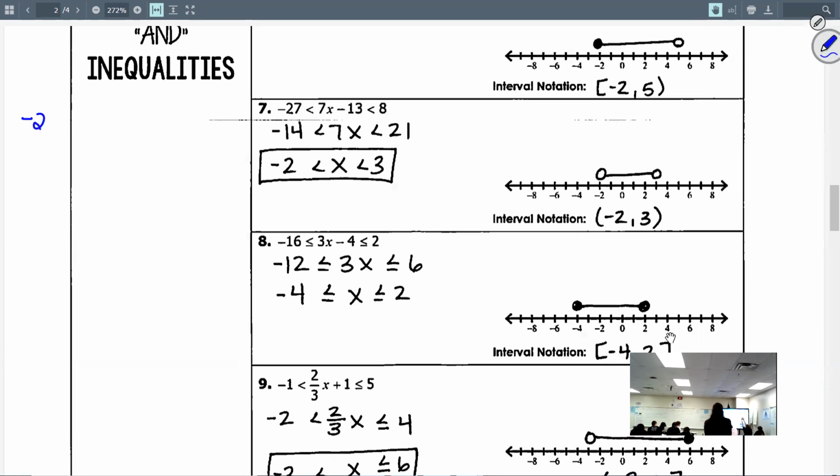The 2 separate inequalities that you answered would have been -27 less than 7x minus 13, and then 7x minus 13 less than 8. So splitting it up, making sure the middle's the same, and solving them separately. If you did the combined answer like I told you to, this is what it should look like, and then this is what your graph should look like. Questions?